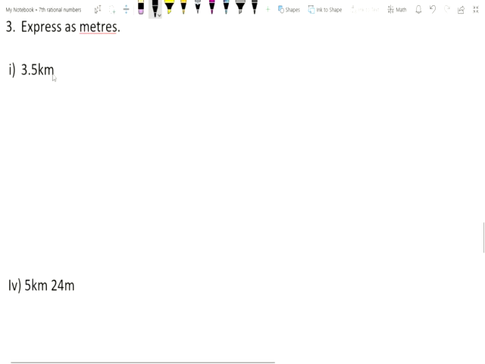Express as meters. So kilometer we are going to convert into meters. First you write the order: kilometer, hectometer, decameter, meter, decimeter, centimeter, millimeter. So kilometer to meter you are moving larger to smaller. Larger to smaller means you want to multiply.